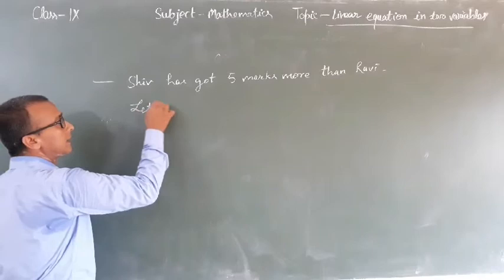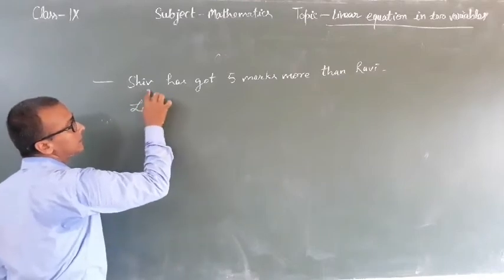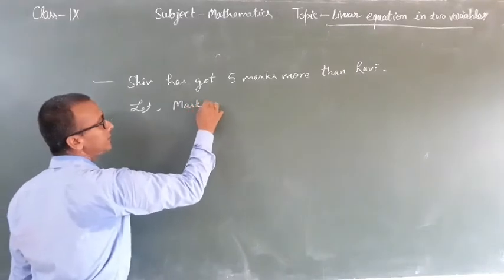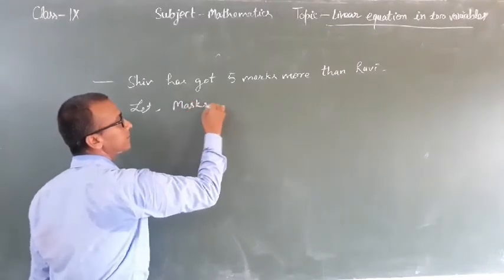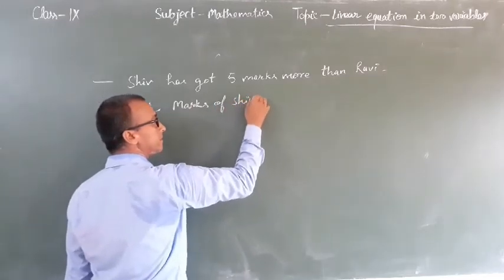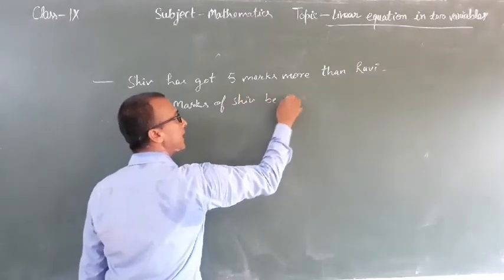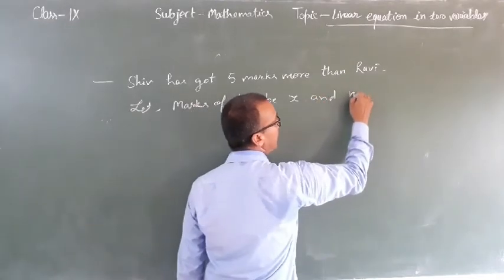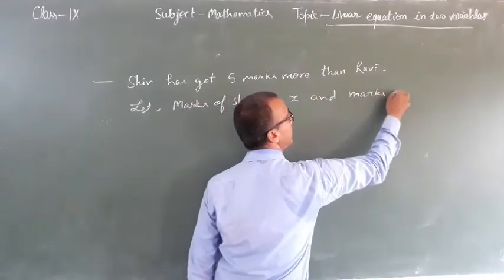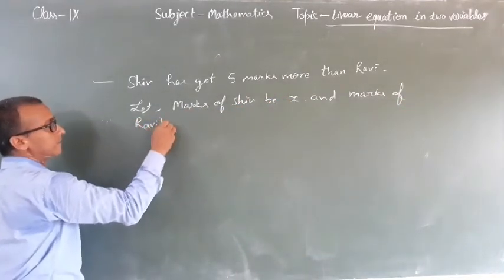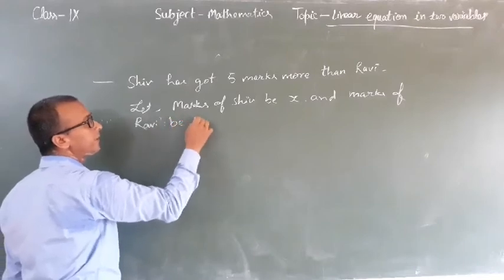Suppose the marks of Shiv be x and the marks of Ravi be y.